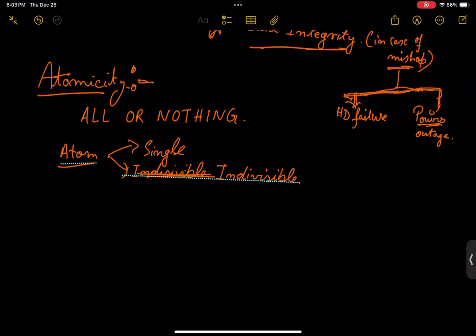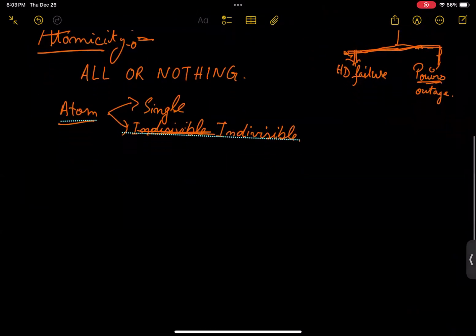Why do we need this? In order to understand why we need this, we need a real life example. Say you have one bank account and another bank account, your checking account and your savings account.